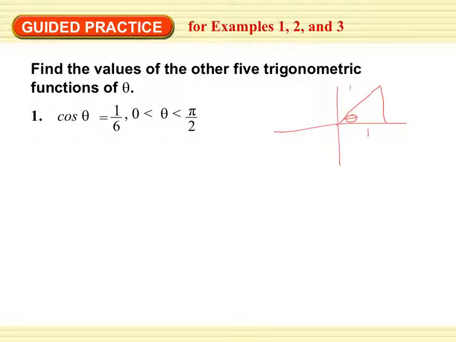You can use Pythagorean theorem to find that side, or you can use the Pythagorean identity with trig, which is sine squared theta plus cosine squared theta equals 1.